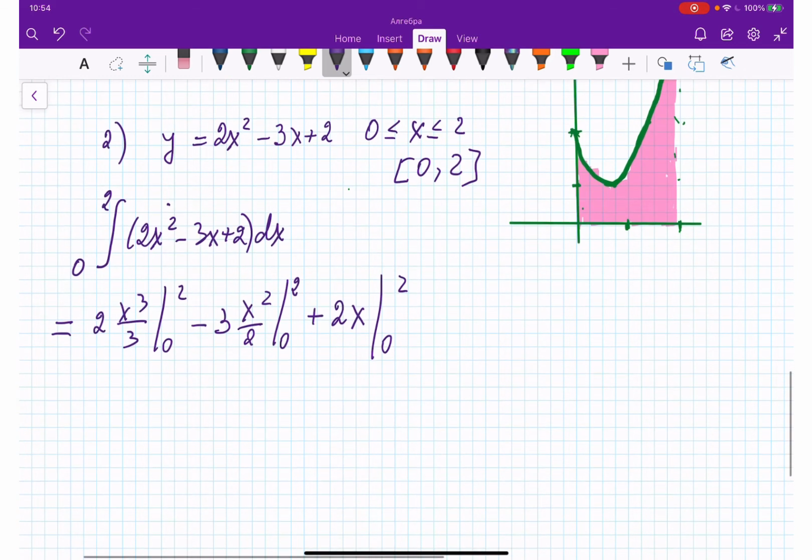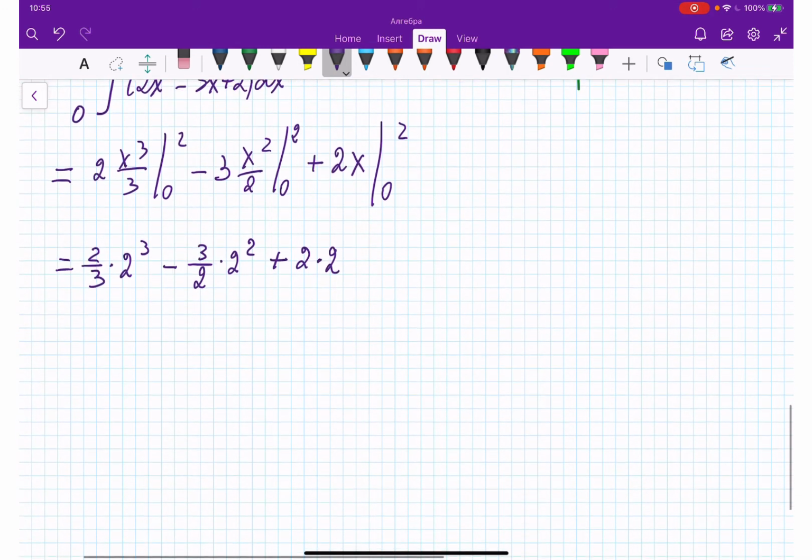So we have 1/3 times 2 to the power 3, and since the lower limit is 0, I'm skipping it, because it's all going to be 0, minus 3 over 2 times 2 squared, the lower boundary is 0 so I'm skipping it, and plus 2 times 2.